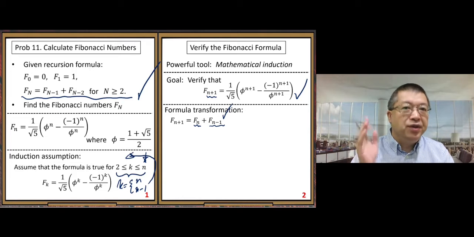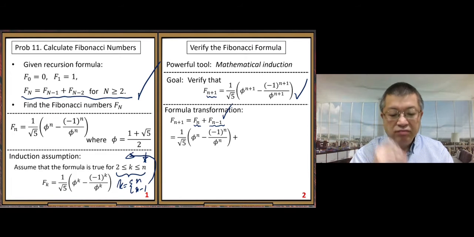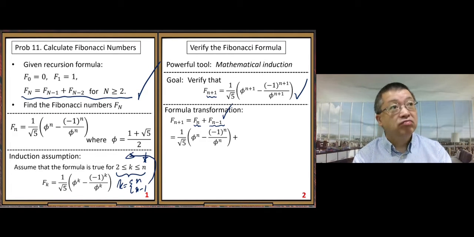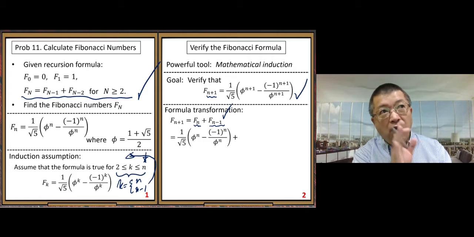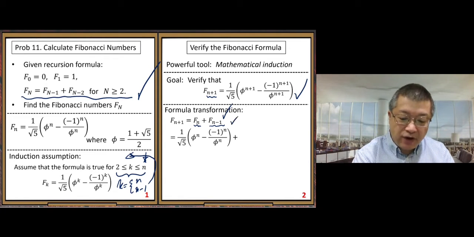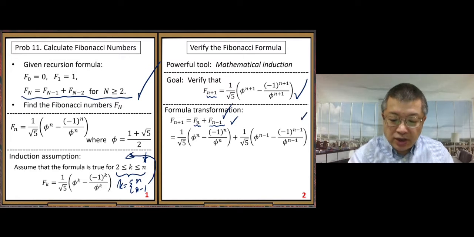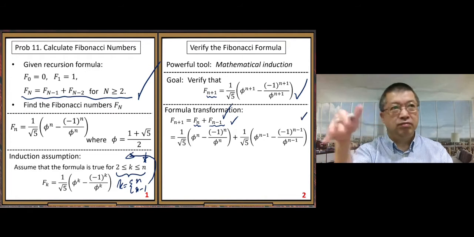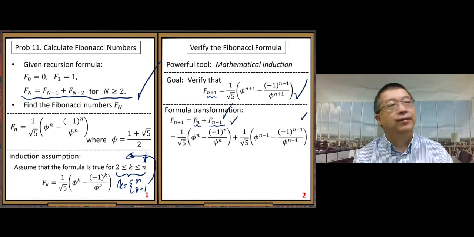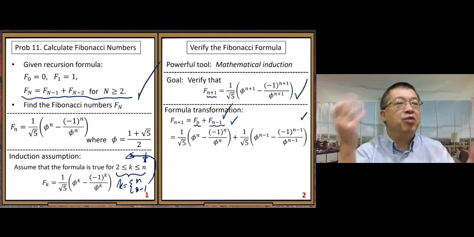So we can use our induction assumption. Induction assumption on k equals n, we get the first expression. Induction assumption on n minus 1, we get the second expression.